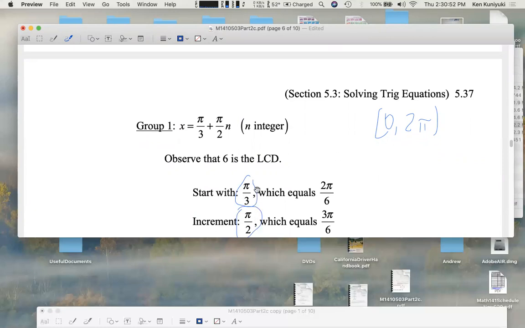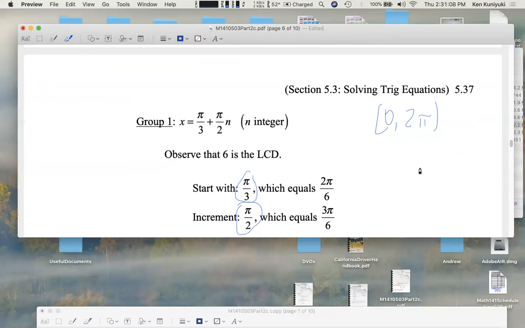But the problem is that we need a common denominator. And right off the bat, you see why this problem is already harder than the previous problem, where I wanted all real solutions, because we're dealing with all these fractions and denominators. And we have to add these unlike fractions, which we didn't really have to do before. All right, let's get these in terms of 6, because 6 is the LCD if we're dealing with thirds and halves. How do we get from pi over 3 to 6?